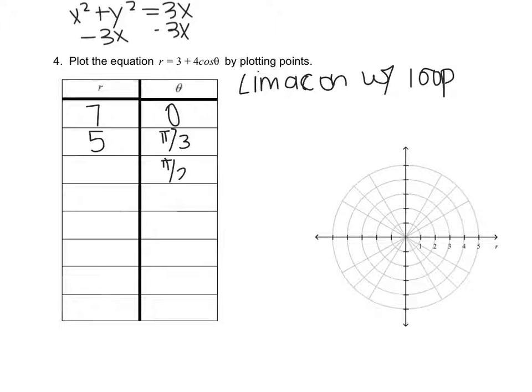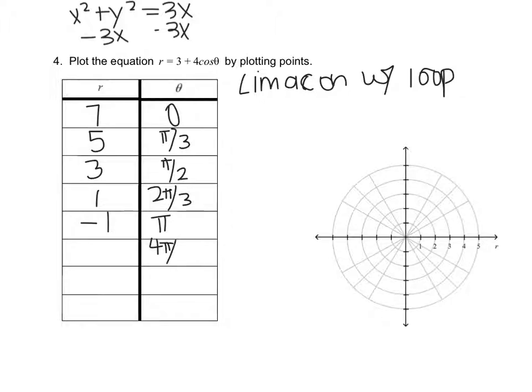Next, I'm going to choose pi over 2, which is going to get a value of 3. Then I'm going to choose 2 pi over 3 for theta, which is going to give out a value of 1. Next, I'm going to plug in pi, which will give out a value of -1.